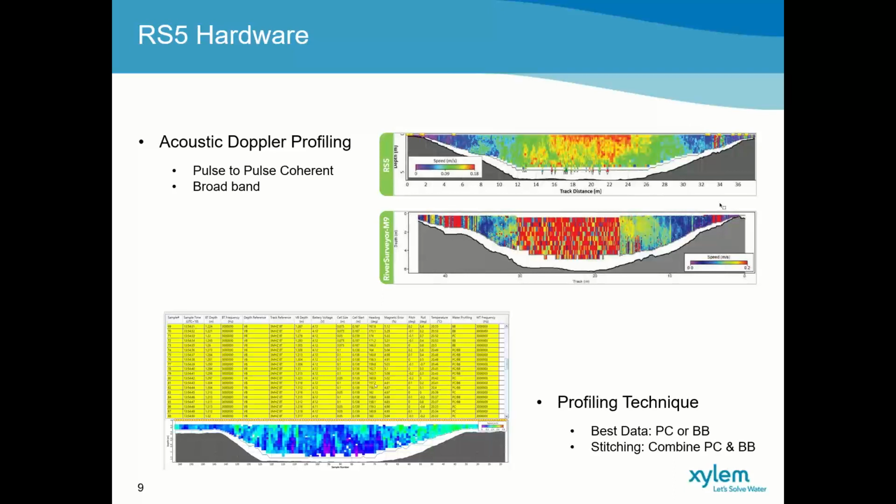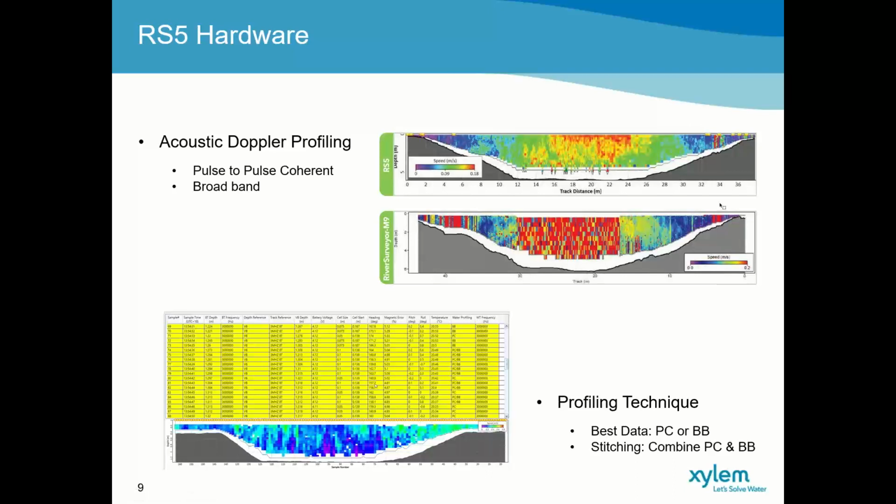In addition to that, SonTek has also further improved their pulse-to-pulse coherent that was used in the RiverSurveyor M9, and that improvement has been implemented in the RS5. And you could basically see the difference in the velocity profile measurements using broadband and pulse coherent in cooperation with incoherent.